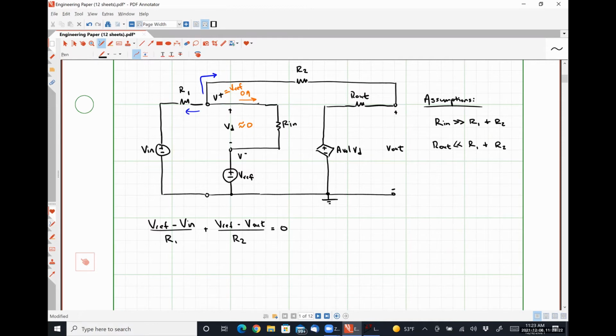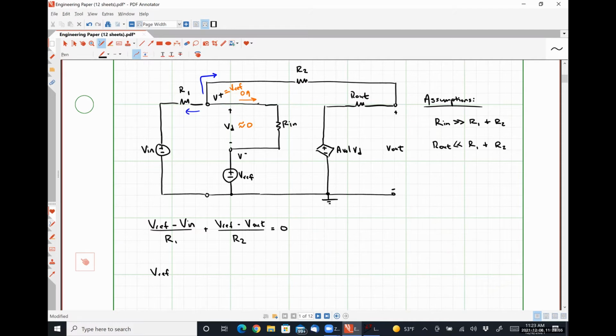And so what I'm going to do now is put all my V reference terms on one side of the equal sign and all my not V reference terms on the other side. And we will find that the nodal voltage right here is V out.